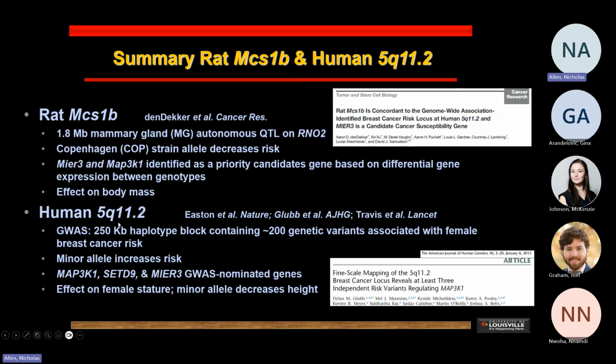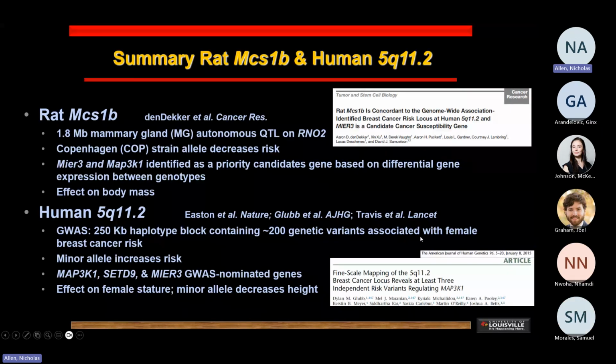We look at human 5Q11, the ortholog, and that's a 250 kb region that we're going to worry about. But there are 200 genetic variants associated with female breast cancer risk. Here, the minor allele, the allele that exists at lower frequency in the human population, is going to increase risk. And the candidate genes here are, again, 2 shared with the rat and 1 additional one.